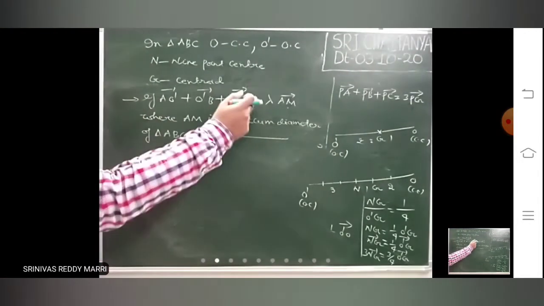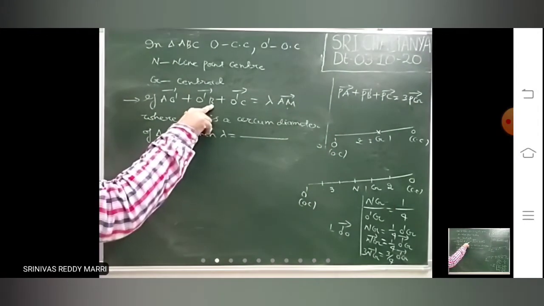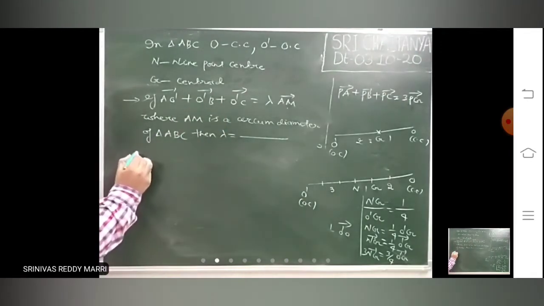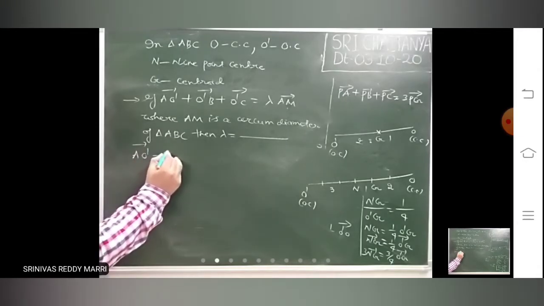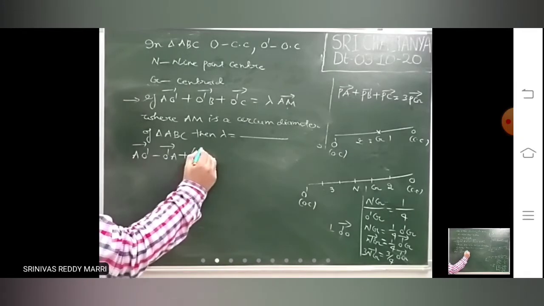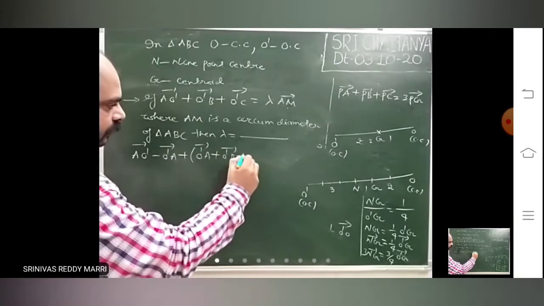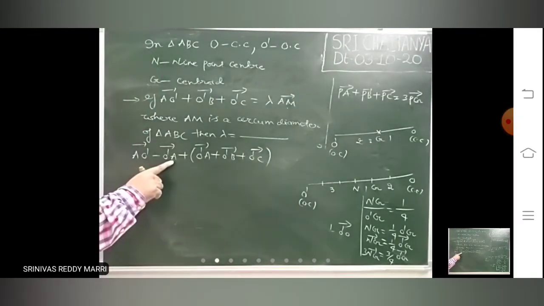So now from that relation, O'A plus O'B, I am writing like this. O'A is not there, so I am adding and subtracting O'A bar. Minus O'A bar means AO' bar.